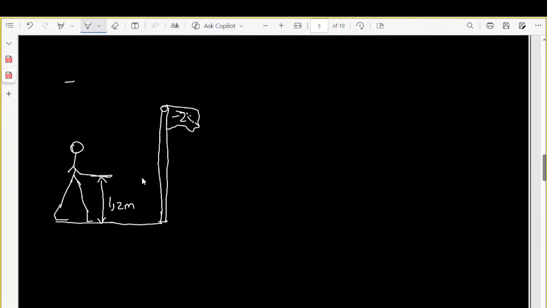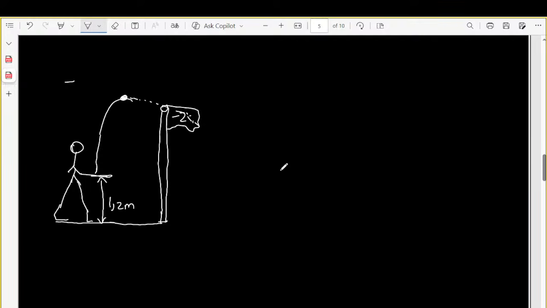So as a science student, you suggested that you should throw a golf ball so that it reaches its maximum height at the top of the flagpole. So you're going to throw something from your hand, then it's going to move up until it reaches the maximum of the pole. It should be the same height as that pole.